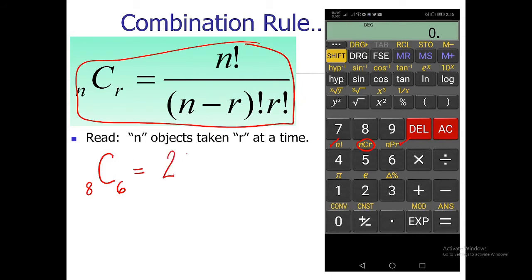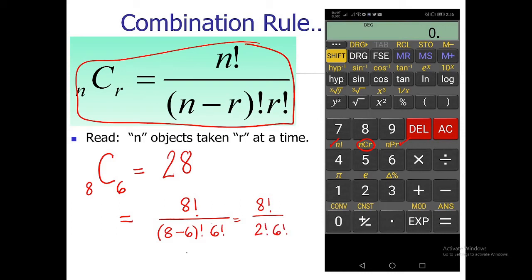Now, if I'm going to show the solution, this will be the solution. I have 8 factorial all over 8 minus 6 factorial times r, that's 6 factorial. So I have 8 factorial all over 2 factorial times 6 factorial.